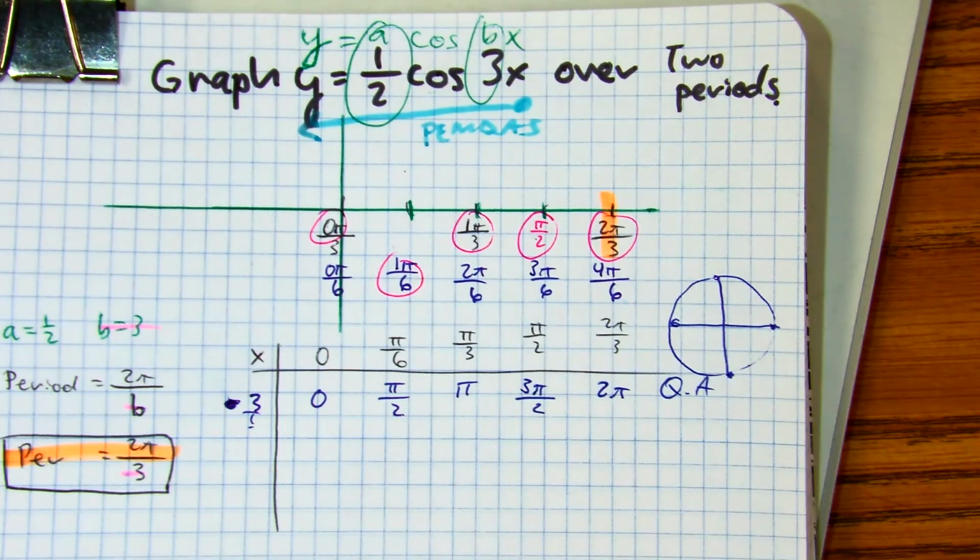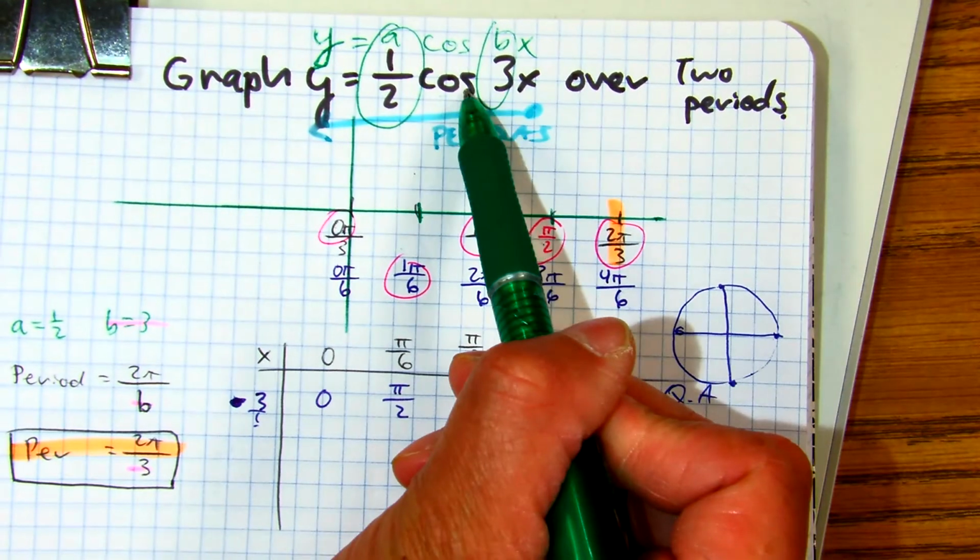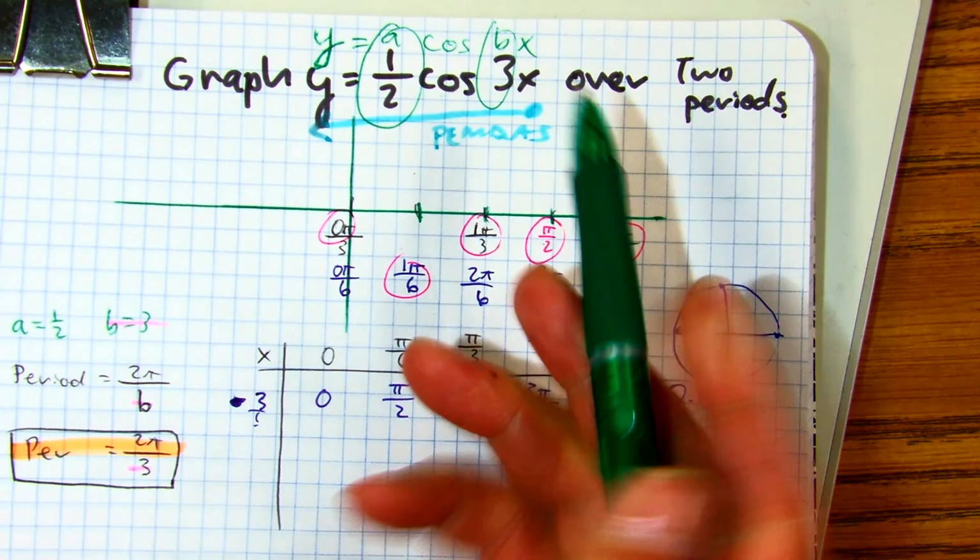Partner A, tell partner B, what's the next thing you need to do after multiplying by 3? Cynthia, what do we do next? We're going to evaluate at cosine. So cosine of whatever it is. So you can just write cosine.